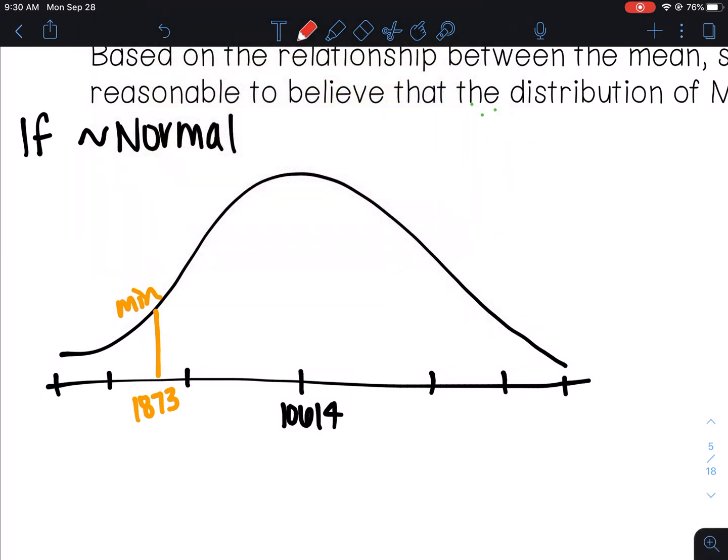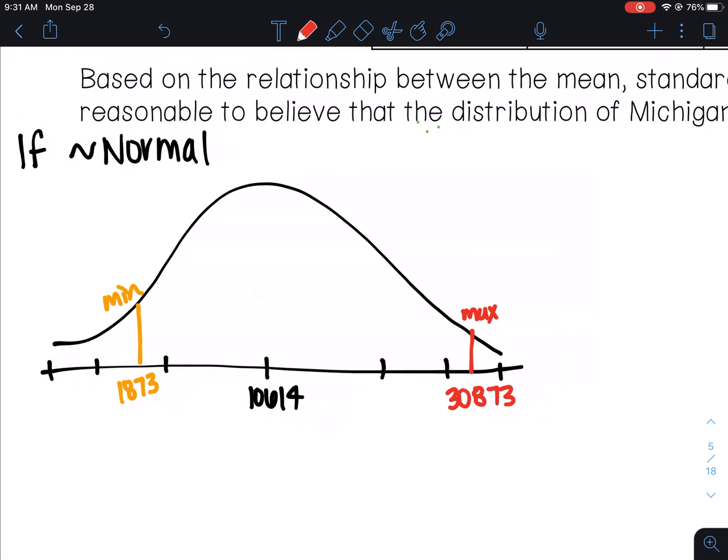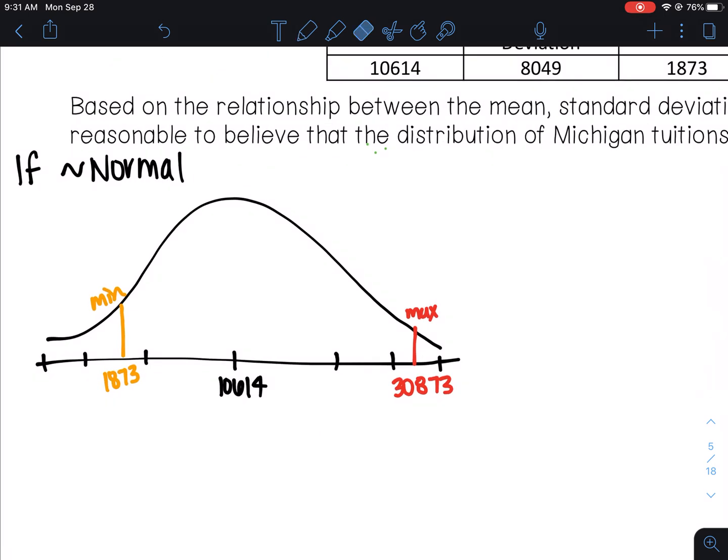This would be my maximum over at 30,873. Okay, so I can either attack this from the empirical rule or from the normal probability stance. If this is a normal distribution, I can do normal calculations.